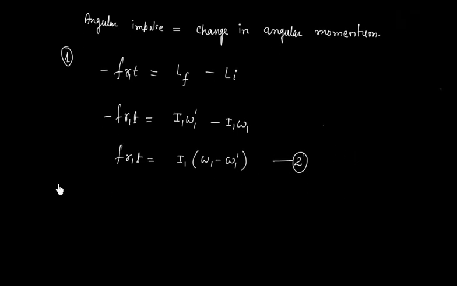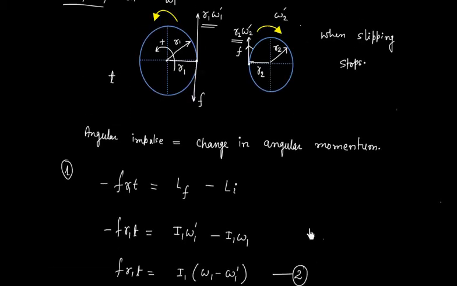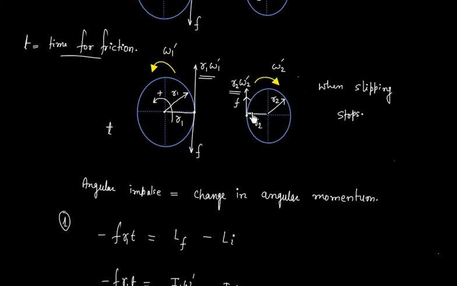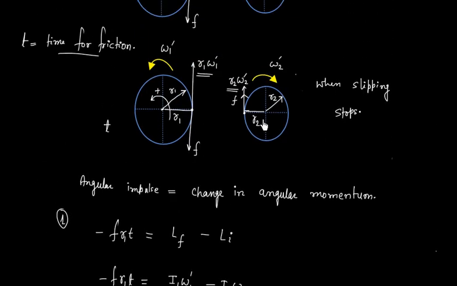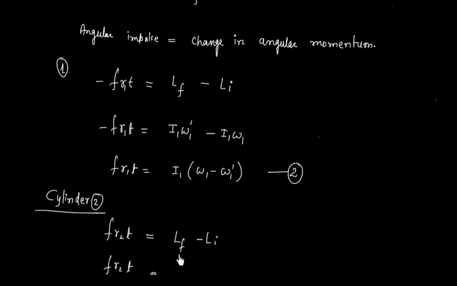Similarly we can write for cylinder 2. Torque is F into R2, so angular impulse is F into R2 into t. Final angular momentum is I2 into omega 2 dash.